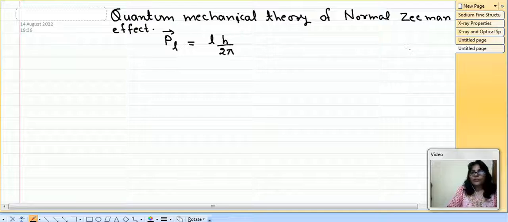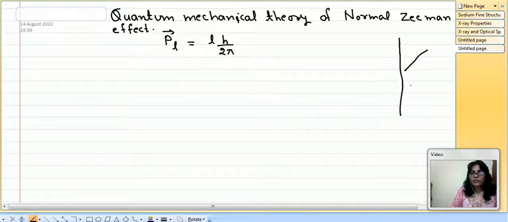Now when we put this PL vector into the magnetic field, and let us say the magnetic field is applied in the z direction, then there will be interaction between the magnetic field and the PL vector.